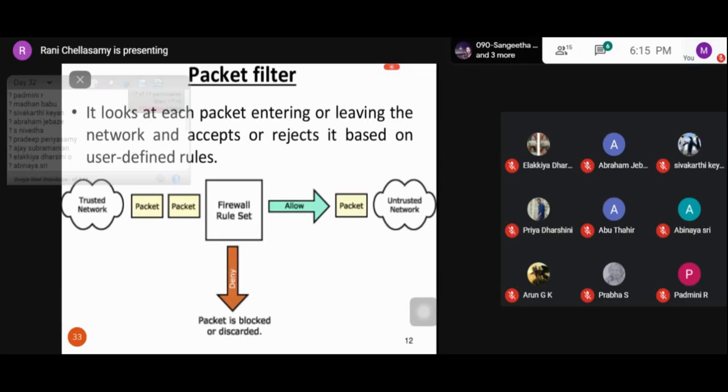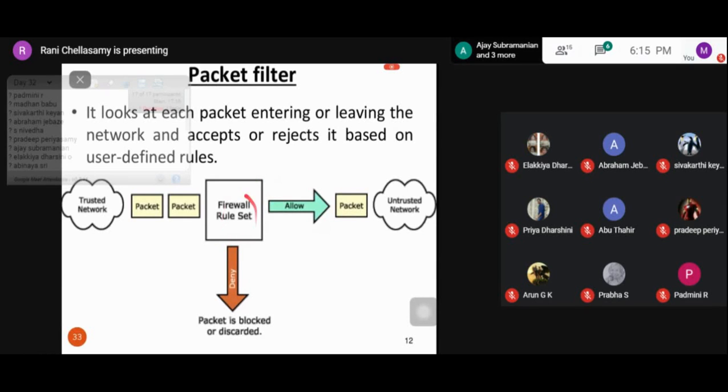Okay. So see in this picture. You have the trusted network and the untrusted network. In between you have the firewall rule set. Whatever packets come from the trusted network, it checks against the rules. The firewall does the rule checking process.